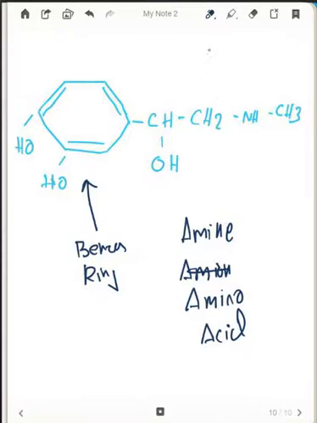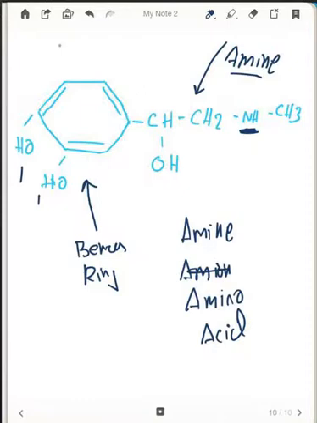So the amine part is this side chain here, the amine side chain, because I have nitrogen right here. So that makes this an amine side chain. And then the two hydroxyl groups that come off of this side of the benzene ring are also characteristic.